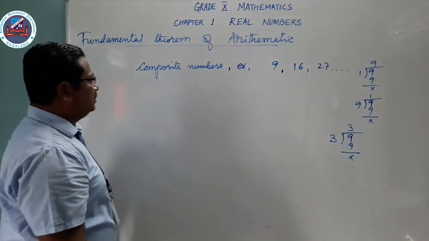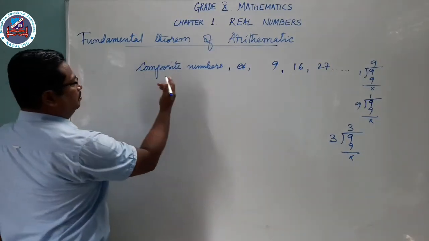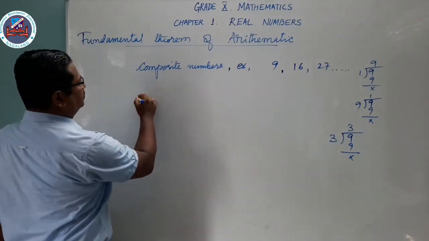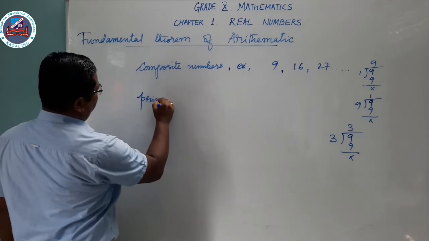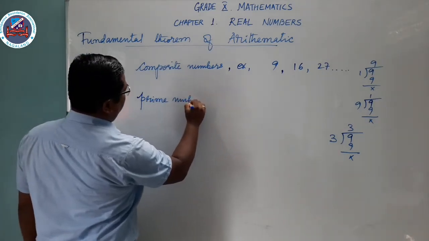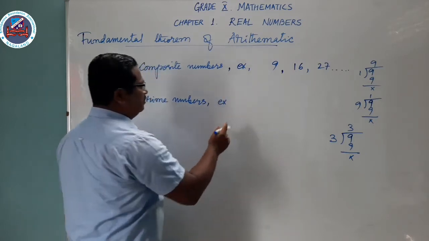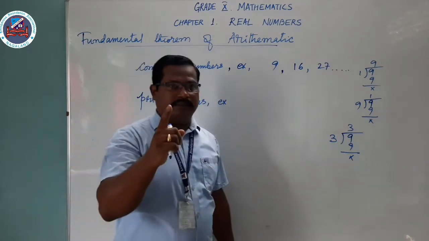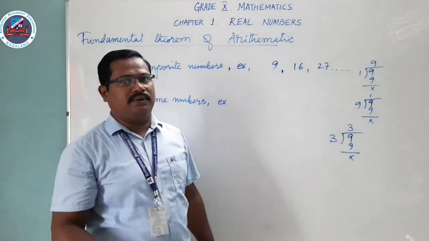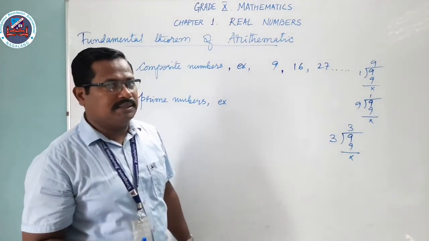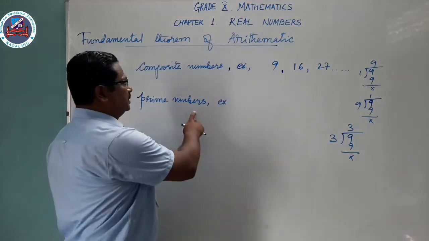Now when we talk about prime numbers, those numbers which can be divided by 1 and by itself alone, those numbers we call prime numbers.